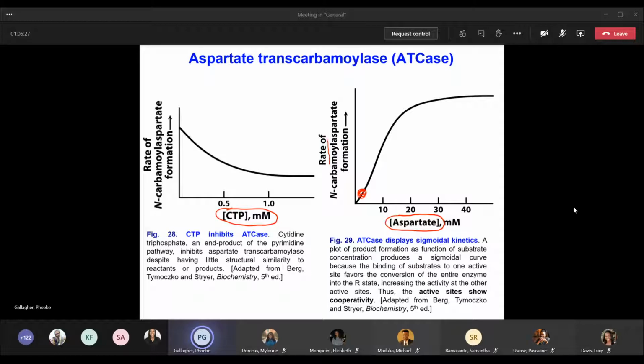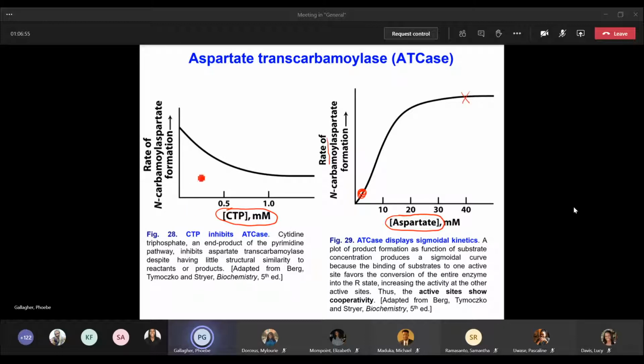And when it's less efficient, it's going to have a lower reaction rate. When you have an increase in the concentration of aspartate, this is the substrate, you'll see similar to the oxygen, you'll have an increased affinity for aspartate, and you'll see that the reaction rate will increase as well. So kind of associate affinity with reaction rate as being proportional to each other.